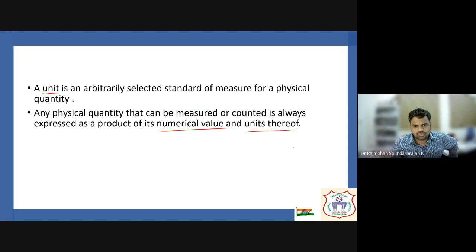That's why I told you: if you want to tell me your weight, you say I am 50 kg. You said I am 160 centimeters high. My fever is 105 degrees Fahrenheit. So we always express things with units.